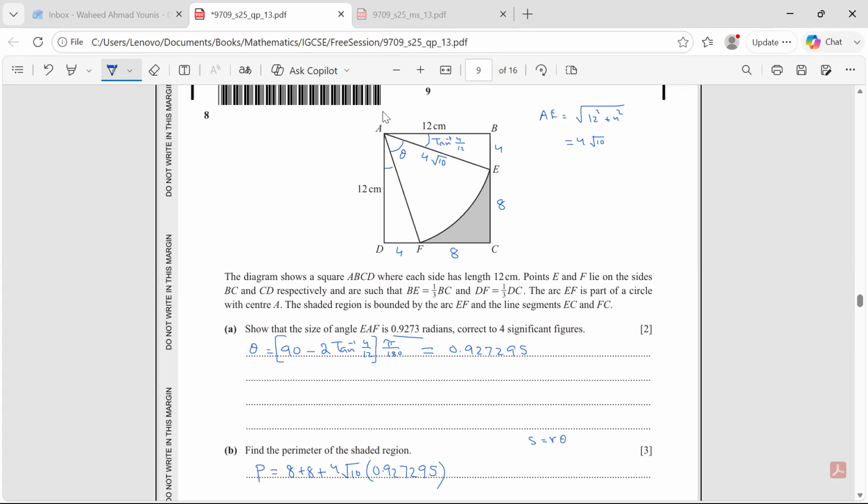So this is 16 plus 4 under the root 10, multiplied by 0.927295, and it comes out to be 27.7294, and this is in centimeters. I hope this is all clear.